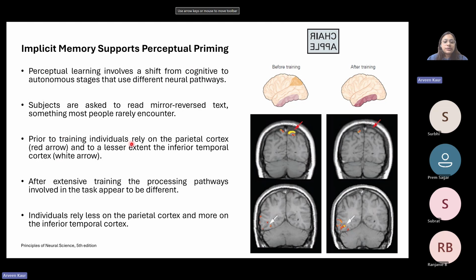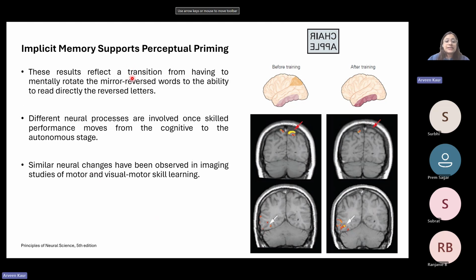Prior to training, individuals rely on the parietal cortex, which has these red arrows, and to a lesser extent on the inferior temporal cortex over here. After extensive training, the processing pathways involved in the task appear to be different, however. Individuals rely less on the parietal cortex and more on the inferior temporal cortex over here, right?